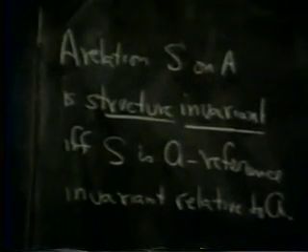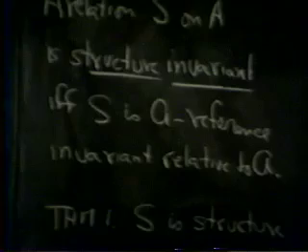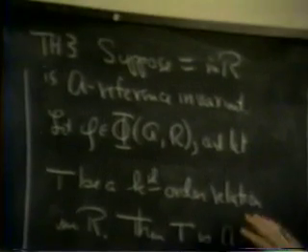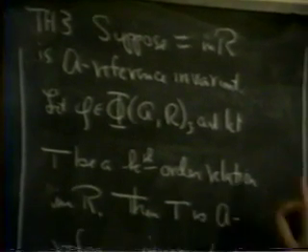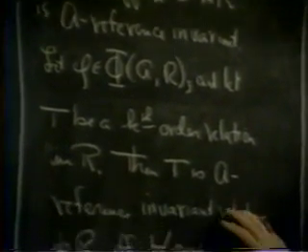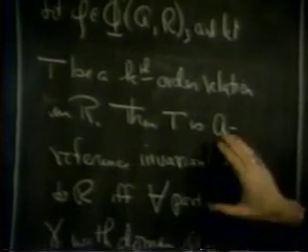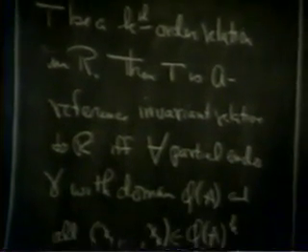Theorem 1 defines structure invariance in the underlying space in terms of the endomorphisms of A, and this defines what it means in the imaging space for a relation to be reference invariant. It has to have invariance under the partial endomorphisms.